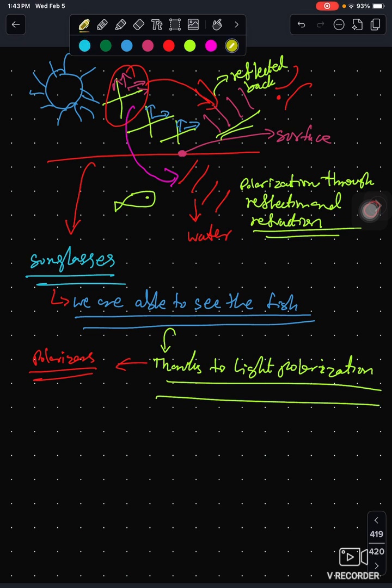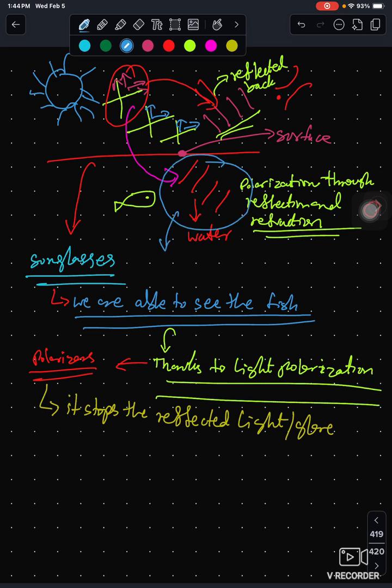What the polarizers do is stop the reflected light, also known as glare. Glare means the reflection we see of the sunlight from the water surface is removed. We don't see that anymore. What we see is the light which is inside the water.